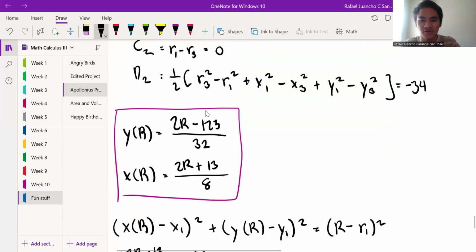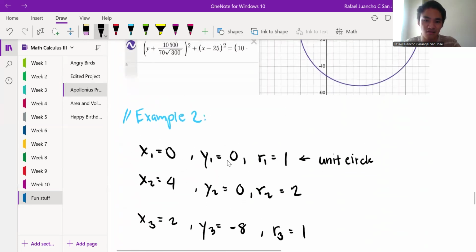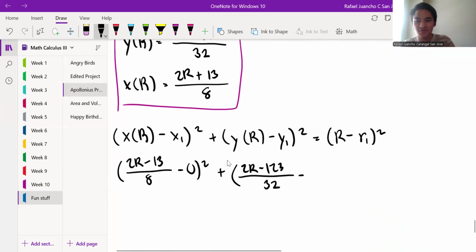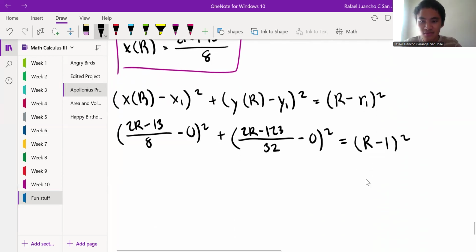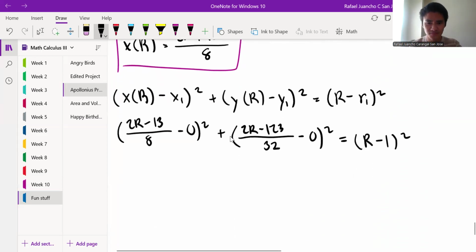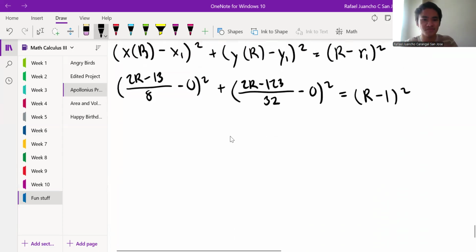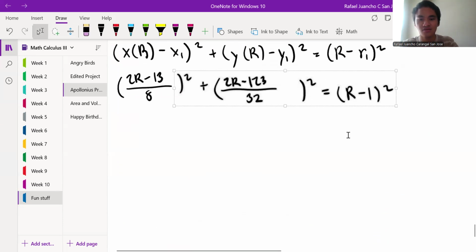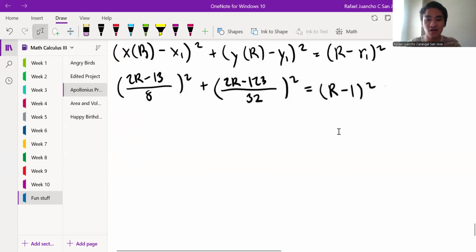Minus y1. Y1 is 0. Yeah, so here I'm just using the unit circle. This is equal to my r minus 1 squared. Right? And then from there, we can just completely solve for some of these values. This is one equation and we have one unknown, so we can find r.